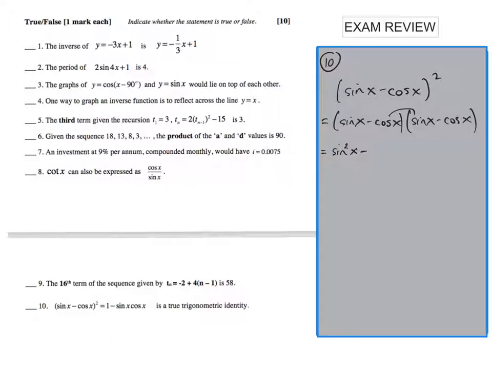Now we get 2 of these things, so they're minus sin x cos x, so we get minus 2 sin x cos x. And then the last 2 terms, cos times cos, is plus cos squared x. And we know that sine squared plus cos squared is 1. So therefore we get 1 minus 2 sin x cos x, which I think you're going to find is false because the question says 1 minus 1 sin x cos x.